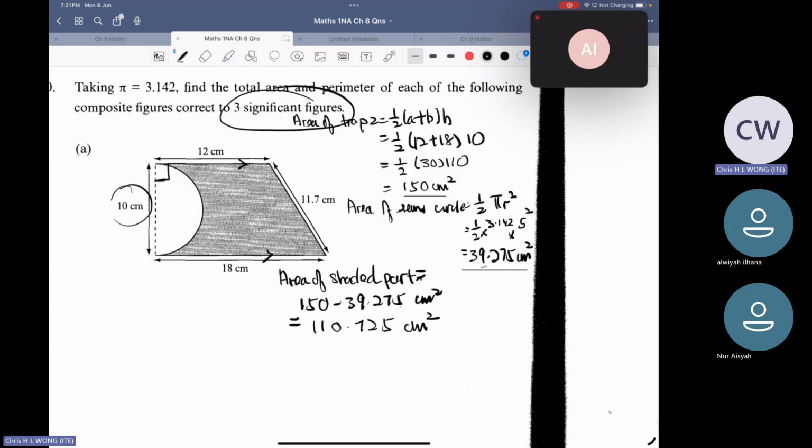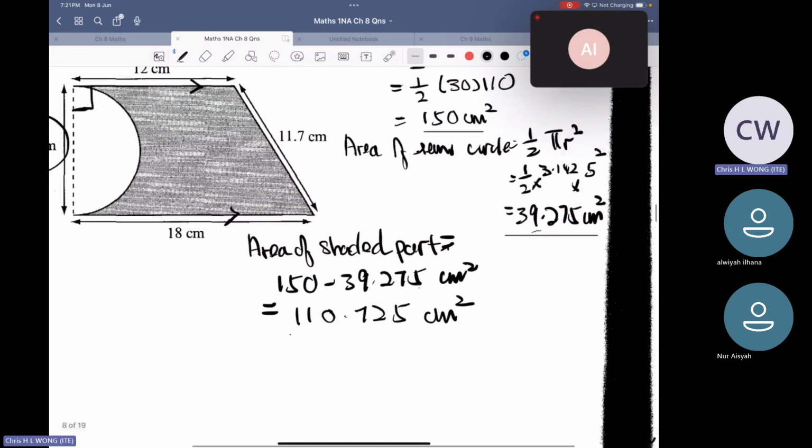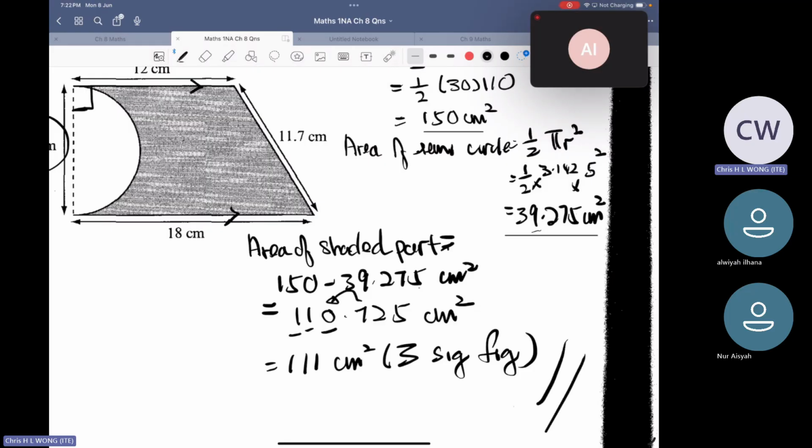If I want three significant figures, it will be 1, 2, 3. The 7 must carry over because it is more than 5. So I will have 111 cm squared, 3 significant figures. That's the final answer.